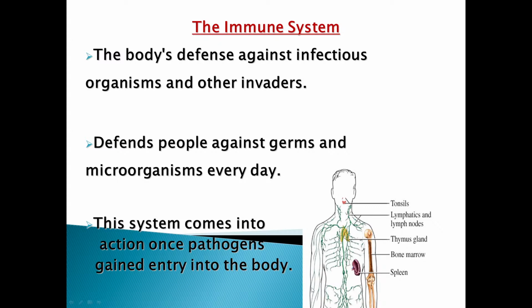So there is a system in the human body that is responsible for protecting us against disease or diseases, and that system is known as the immune system. And it is known as the body's defense against infectious organisms and other invaders. So it is like the defensive system for the human body that protects us from disease causing organisms.